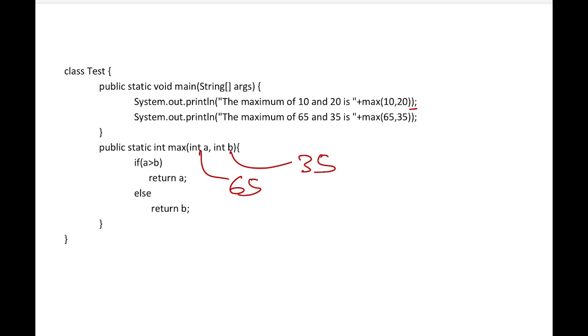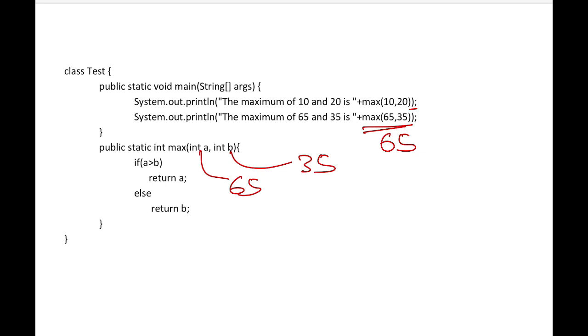Now if A greater than B, it is 65 greater than 35, it is true, so return A. Return A means 65 is returned to here, and it is going to display, the maximum of 65 and 35 is 65.